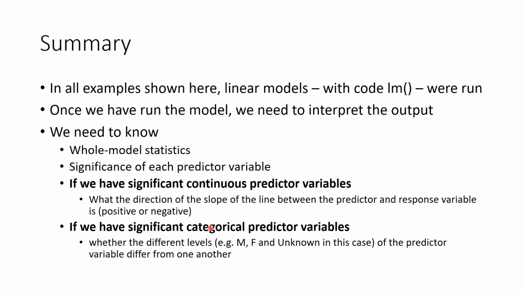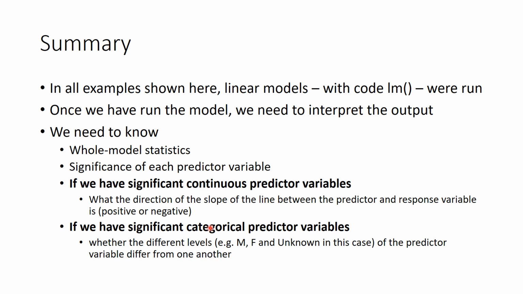For example, if we had found in our model that sex had not been a significant predictor of weight, then we would not have needed to run those EM means codes. But we did find that sex was a significant predictor, so we wanted to describe how sex affects weight.